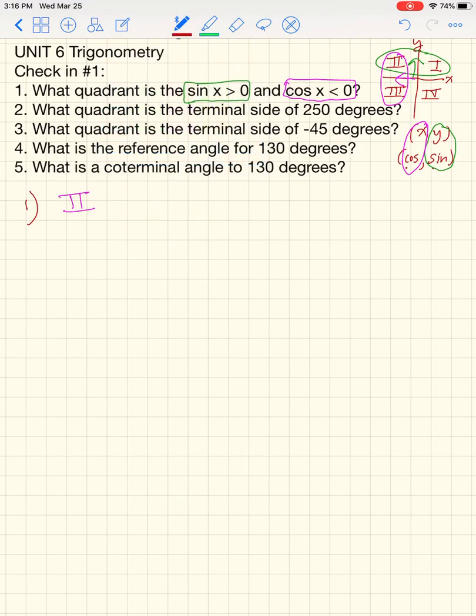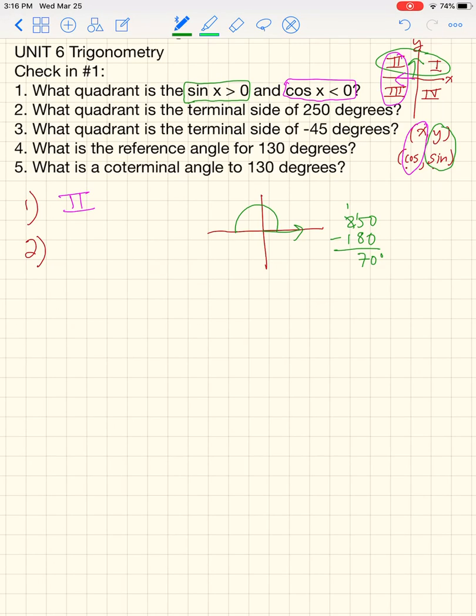All right, moving on, what quadrant is the terminal side of 250 degrees? So now you do have to remember your standard angle in standard position starts on the positive x-axis. 250 degrees is past 180. In fact, if we subtract, we will know that it is 70 degrees past 180.